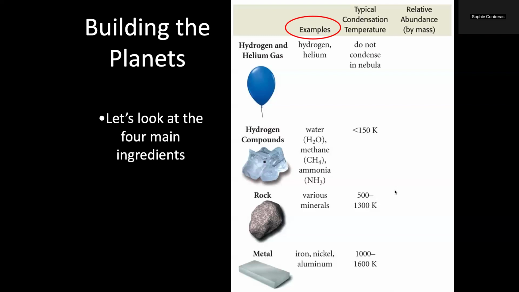You've got to go from gas into solid. So if you want to do that with metal, metal actually condenses at a very high temperature. Another way of saying that is that if I take this object and I raise it to 1600 degrees Kelvin, what happens to it?